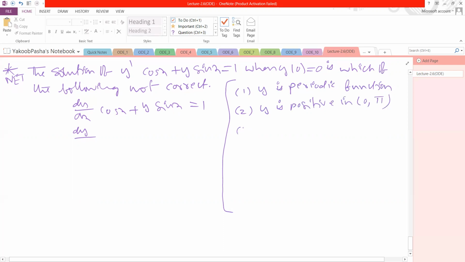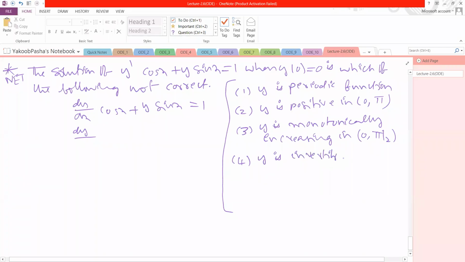Third option, y is monotonically increasing in the open interval 0, comma 5/2. And the fourth option, y is invertible in the open interval 0, comma 5.